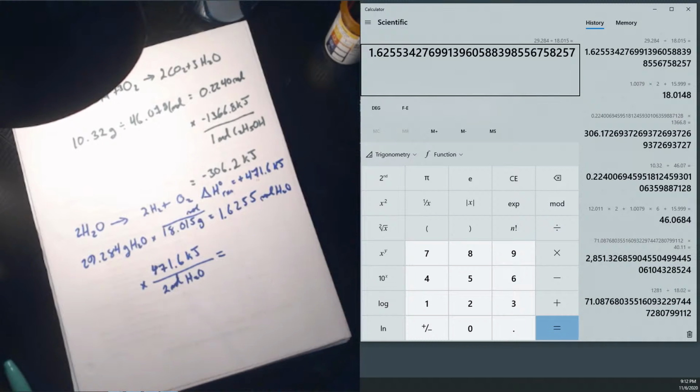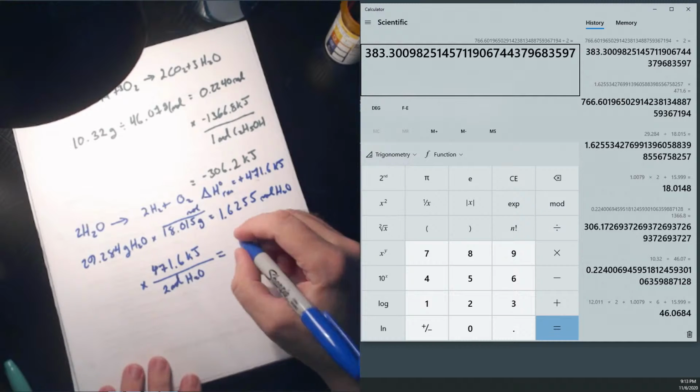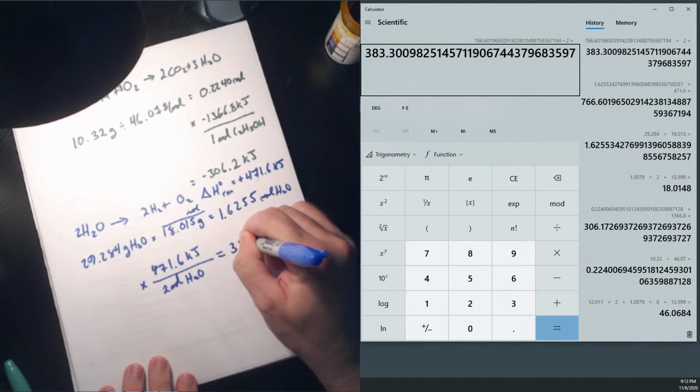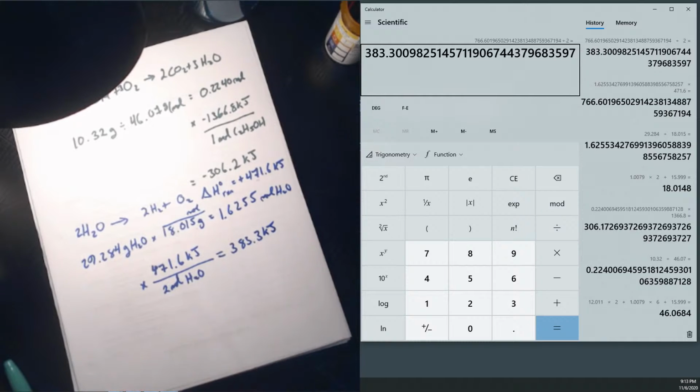So we take this number here, we multiply by 471.6, and then we divide by 2. Okay? So 383.3 kilojoules of energy. So in order to split a little less than 30 grams of water, you have to put in about 383.3 kilojoules of energy.